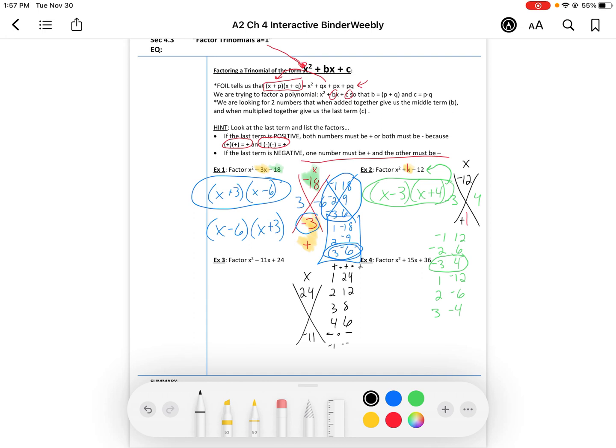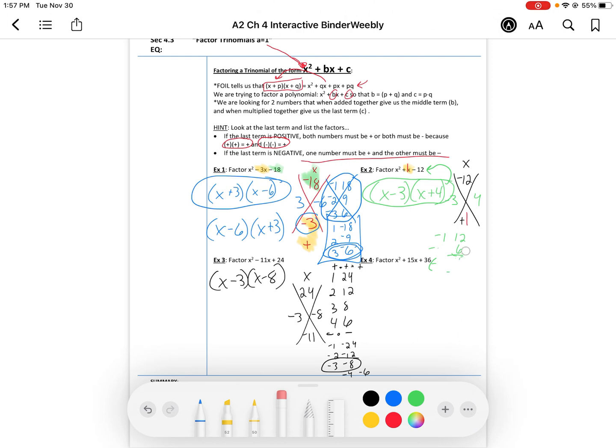So I can make negative 1, negative 24, negative 2, negative 12, negative 3, negative 8, negative 4, negative 6, and negative 3, negative 8 is the pair. So x minus 3 times x minus 8. There we are.